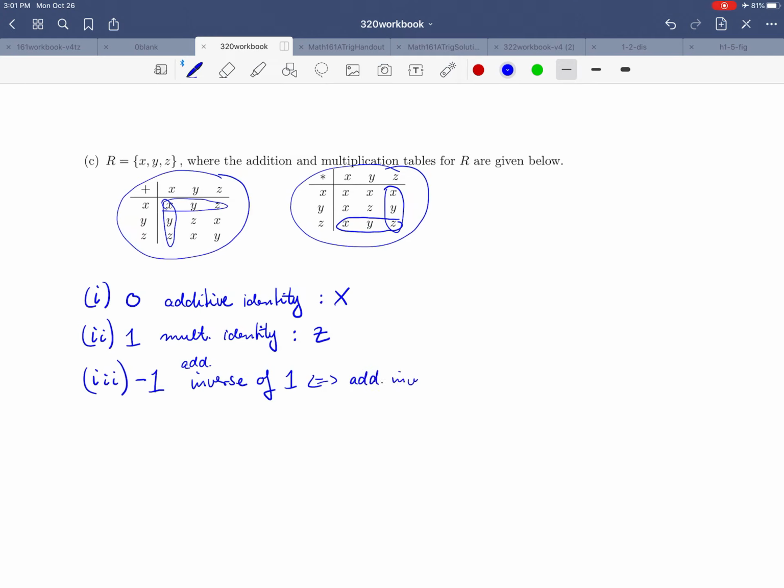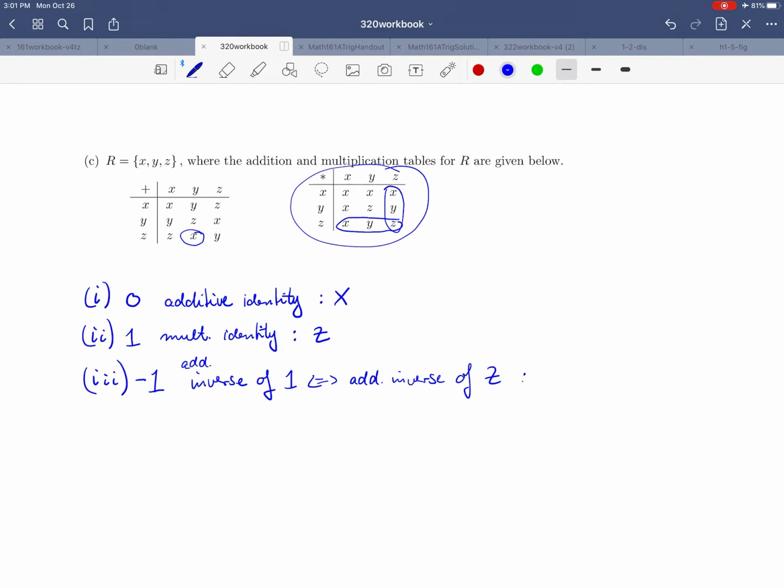So we need the additive inverse of z. Okay, well, to find additive inverses, let's look at our addition table again. So it's something that we add to z to get the additive identity, so something that we add to z to get x. What do we add to z to get x?